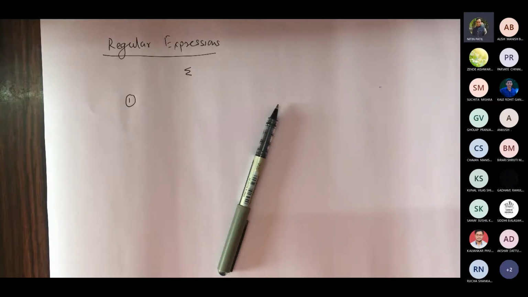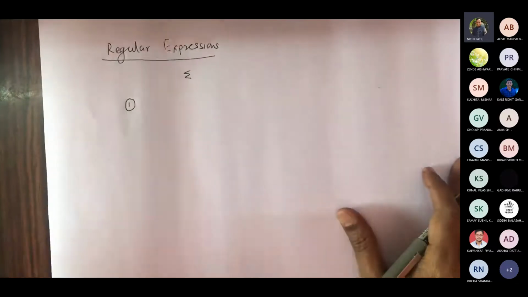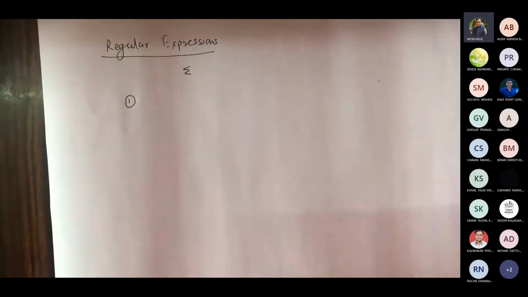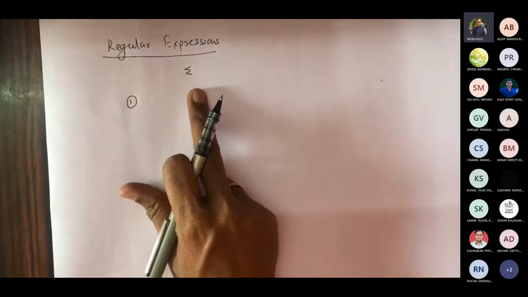The definition. As we said, we will be given sigma, and using that sigma we will be defining this whole thing. When we say sigma, we are assuming that there are some symbols given in your input alphabet set.